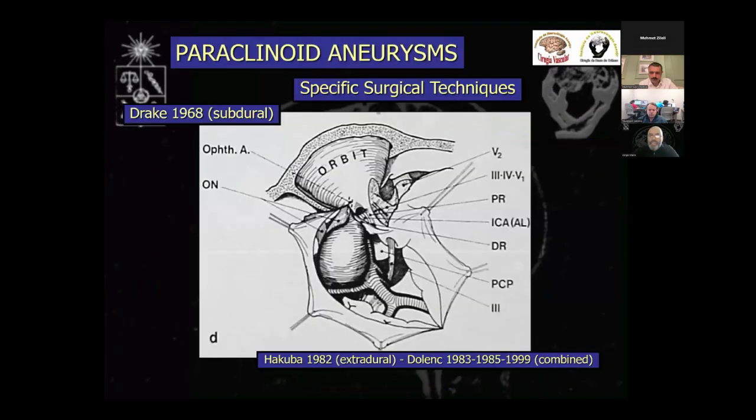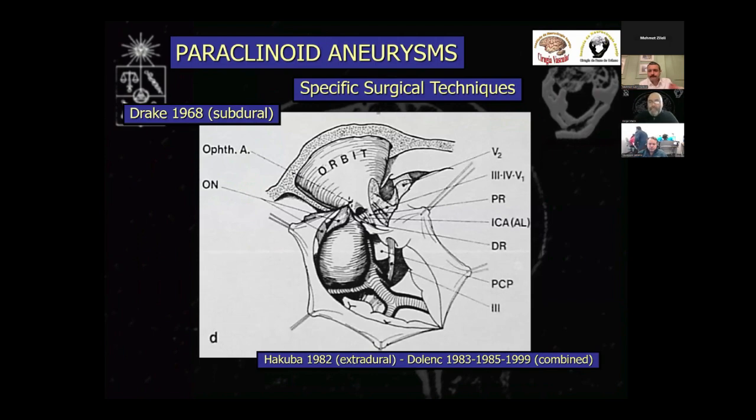If you see the history in paraclinoid aneurysms, from Canada, Charles Drake described the subdural clinoidectomy. Hakuba from Japan described the pure extradural clinoidectomy, and Dolenc from Europe described the combined. Different schools have different views of what the cavernous sinus philosophy is.